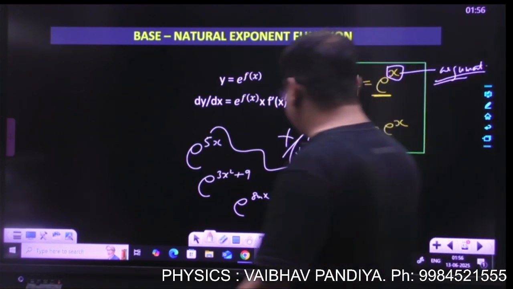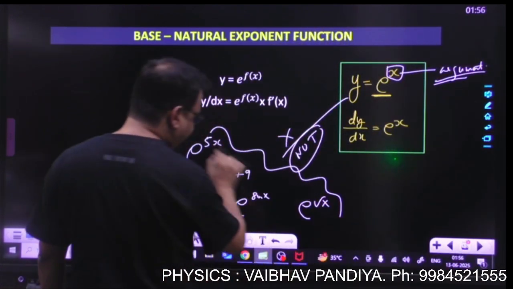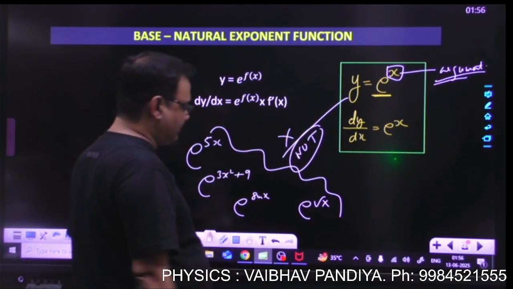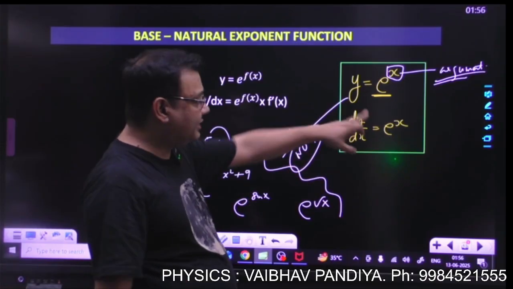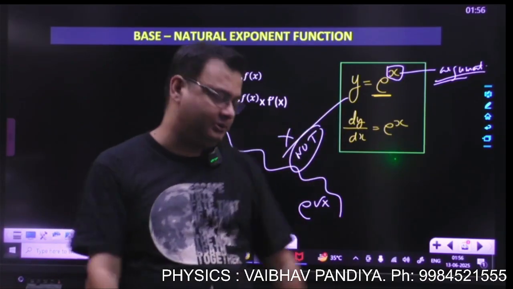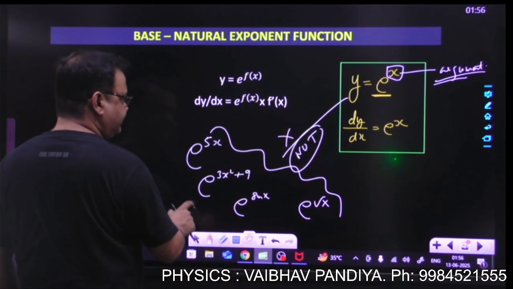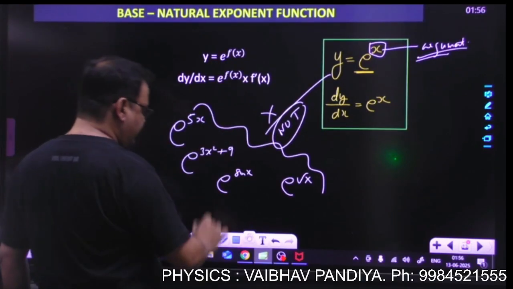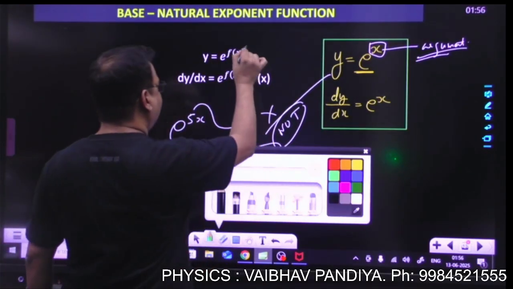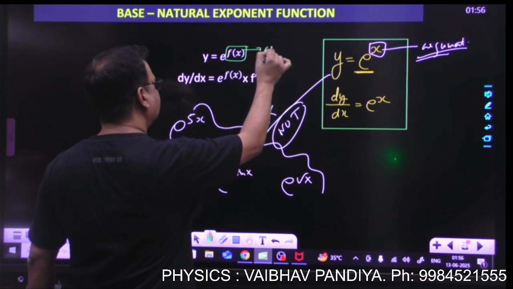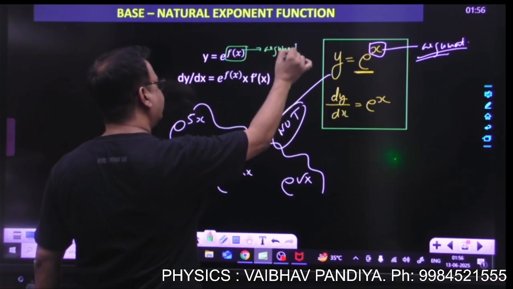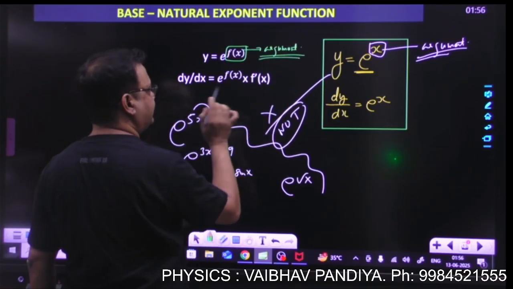So if we have to differentiate these kinds of expressions when the power is not x but something else, we cannot apply this formula. We have to apply the chain rule. And chain rule says whatever is the argument, treat it as a single quantity and differentiate.